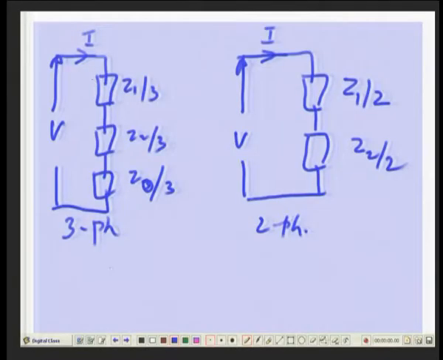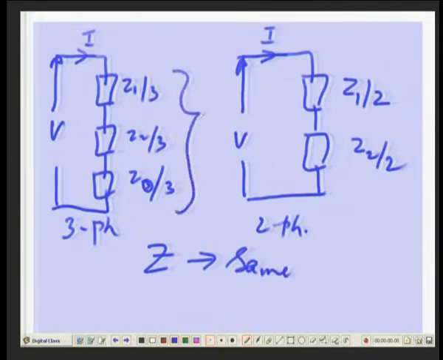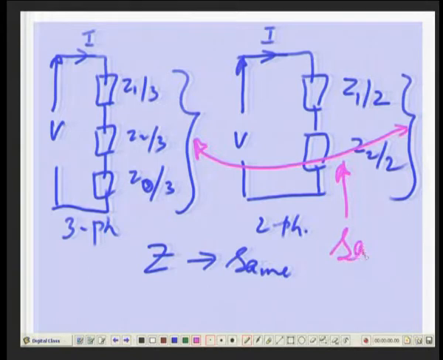But V is same, I is same means Z must be same, no. So, this must be same as this, okay. There should be no difference. So, what we say is this must be same, right, okay.